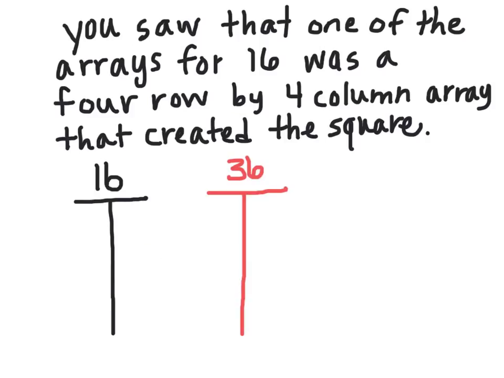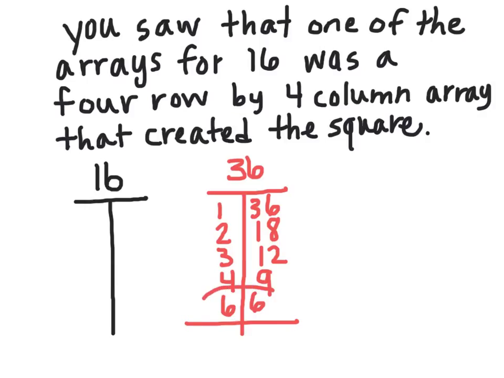So let's demonstrate that again with 36. You have 1 and 36, because every whole number has 1 as one factor in itself. 2 and 18, 3 and 12, 4 and 9, no 5s, 6 and 6, and then we're back to our 9s.